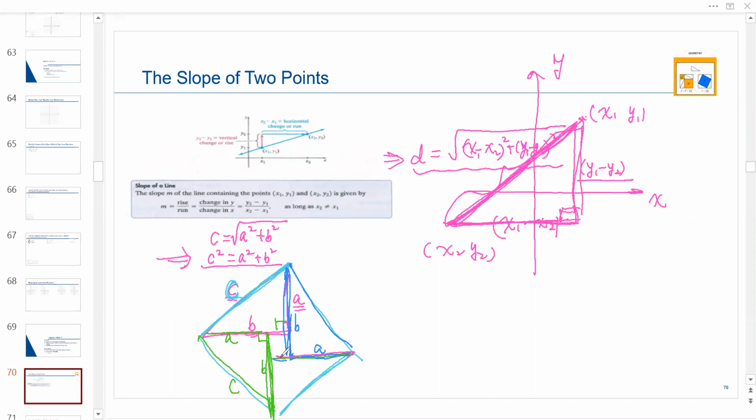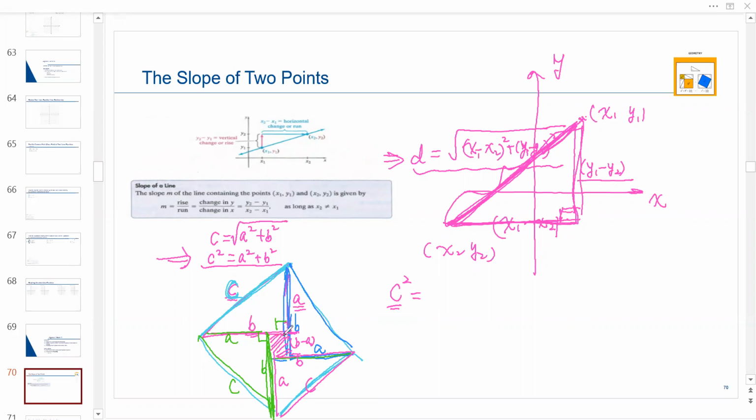Let me use different colors. We graph another one here. This is C, this is A, this is B. The distance from here to here is what? Here is B, here is A, so here it is B minus A. So inside is B minus A. You can see the big square has area C square.